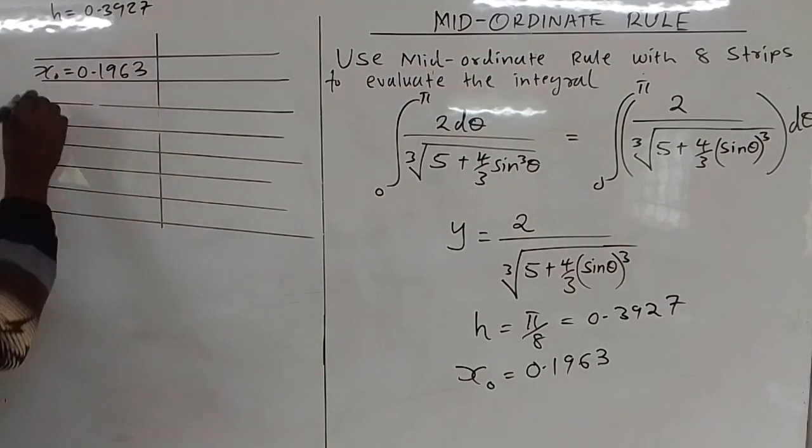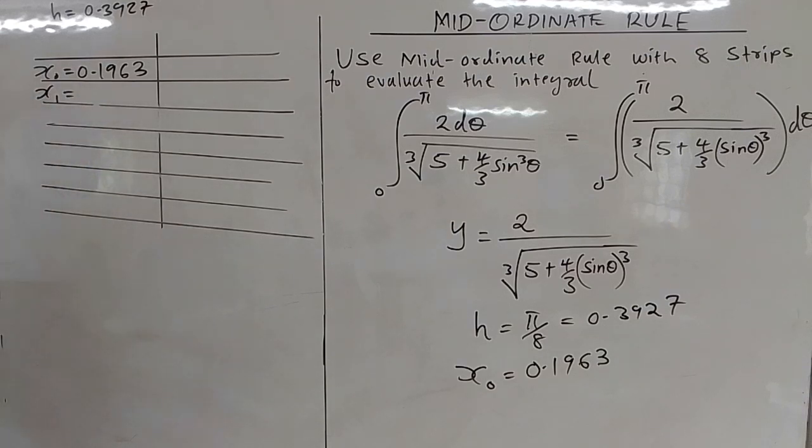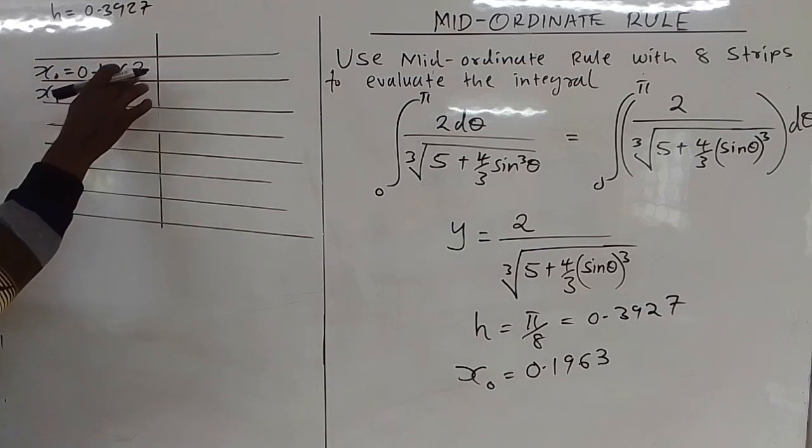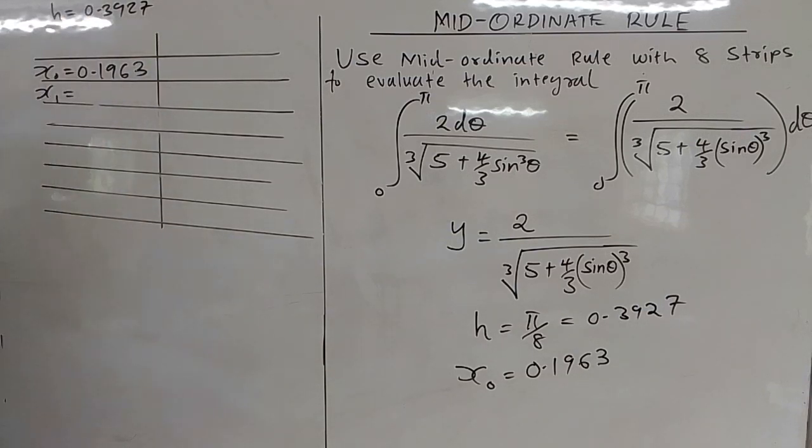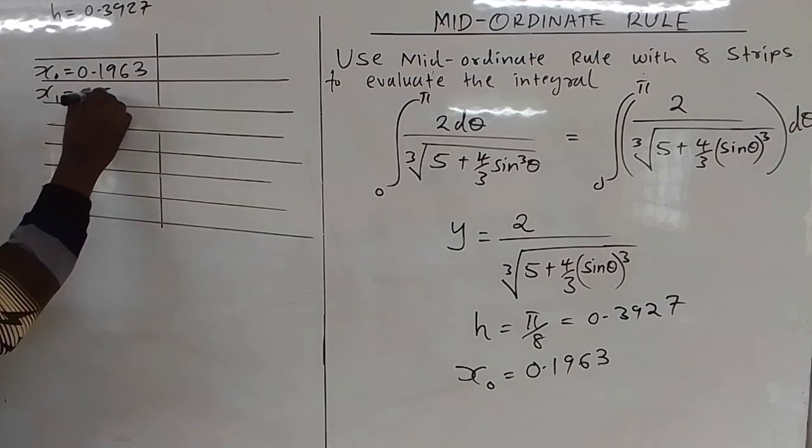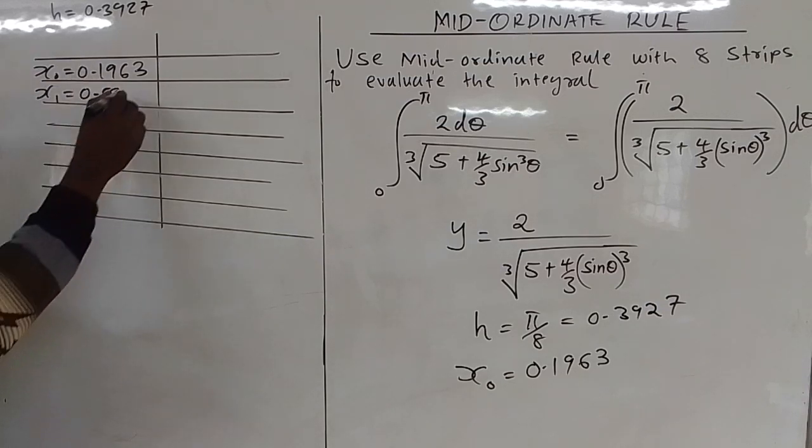0.19. Then you go to x1. So how do you get x1? It is x0 plus h. Are you seeing now what you are doing? x0 plus h gives you x1. What is that? 0.1963 plus 0.3927. What do you get? 0.590.